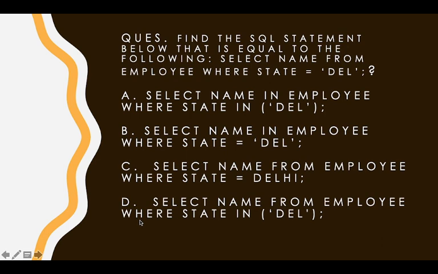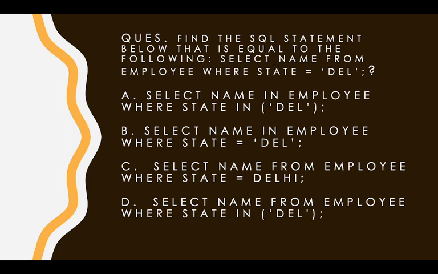So we basically use the in operator when we are looking for a particular expression in a list of values. Here our list only has one value, still we can use the in operator. It is not necessarily required here, but it is not wrong either. And I guess from all these options, this is the most suitable option, which is equivalent to the query given in the question.